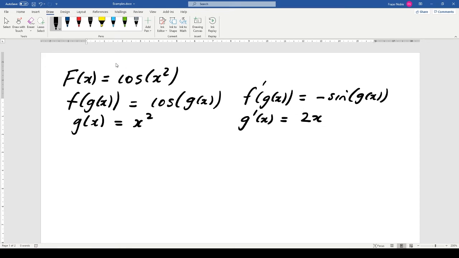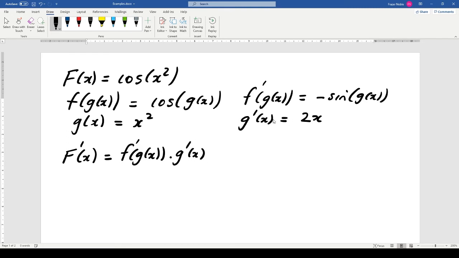So the derivative of this function here could be written as f dash x is equal to the derivative of f with respect to g of x, f dash g of x, times the derivative of g with respect to x.